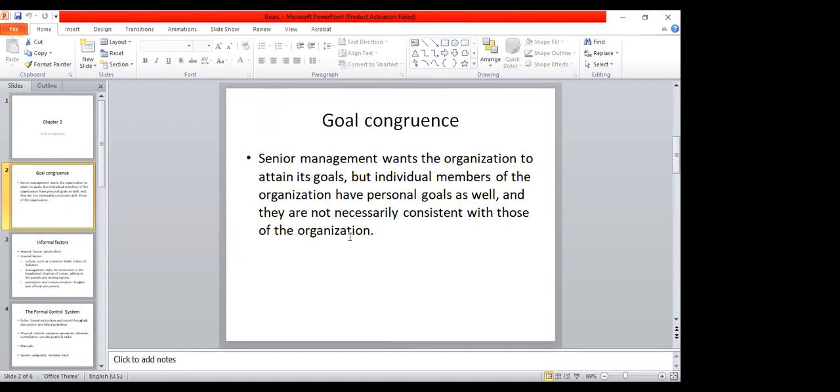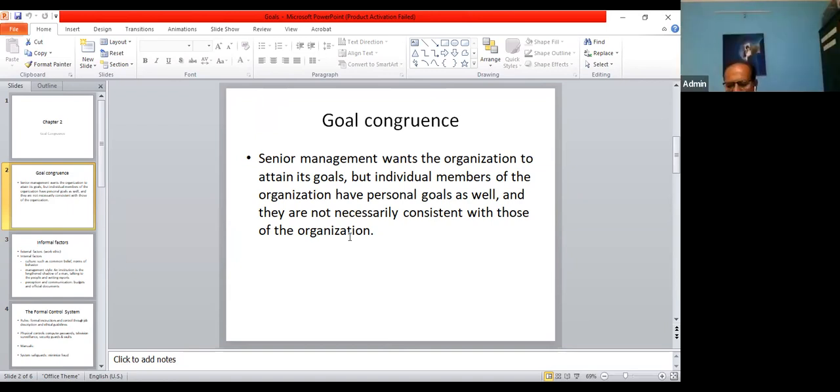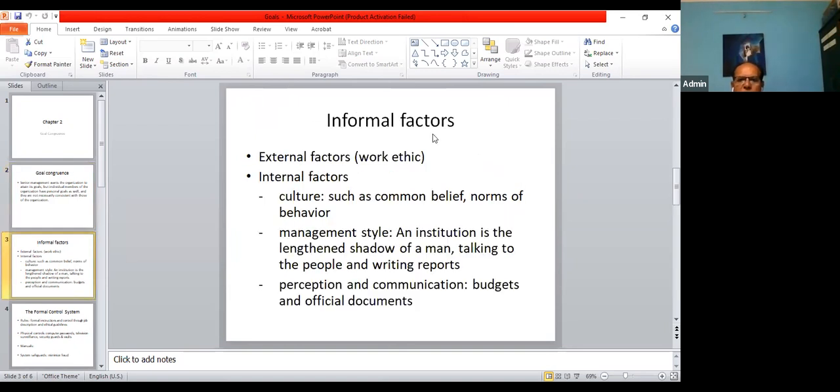From the examination point of view, you may be asked a short note on goal congruence, or a descriptive question: explain the concept of goal congruence. You have to give the definition and meaning, and then mention the informal factors we discussed: external factor, internal factor, management style, culture, and communication.